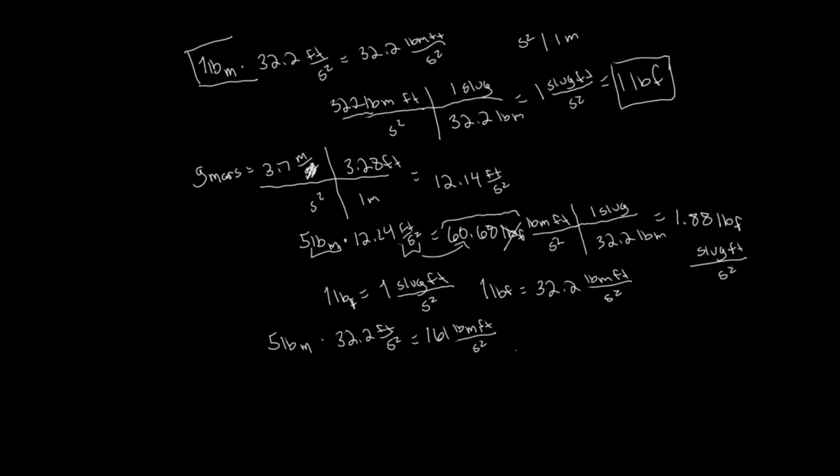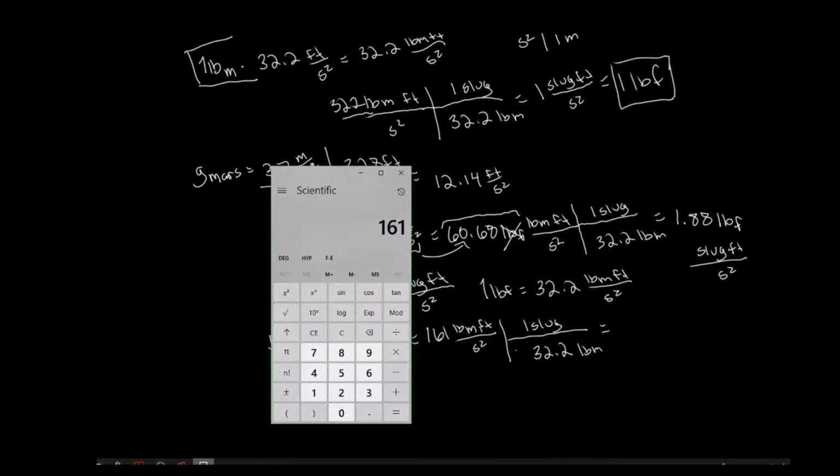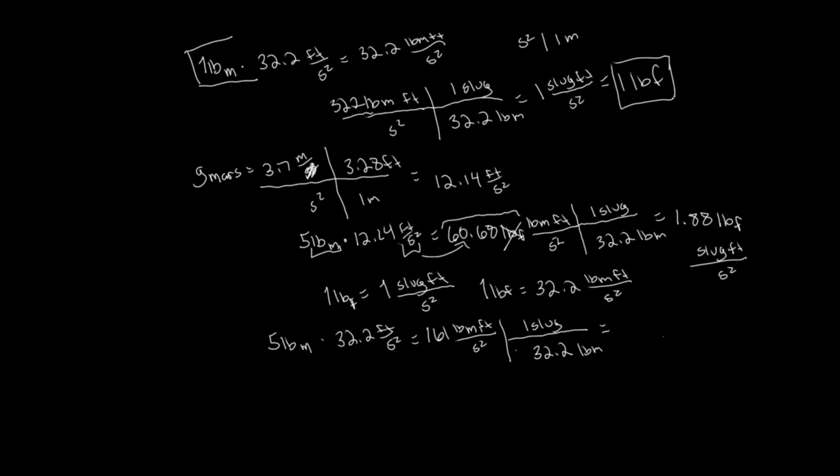Now let's convert. 1 slug is 32.2 pound mass. And so that number here divided by 32.2 is 5. 5 slug foot per second squared, or 5 pound force.